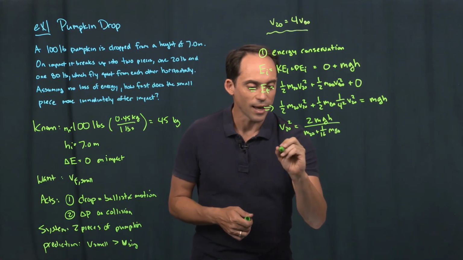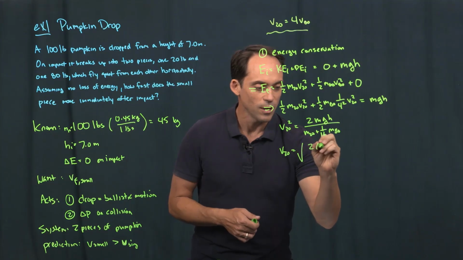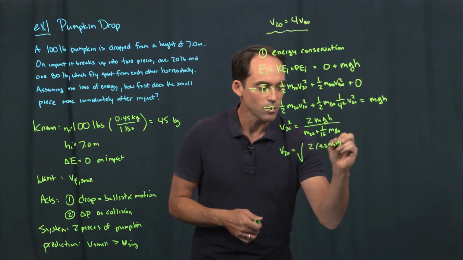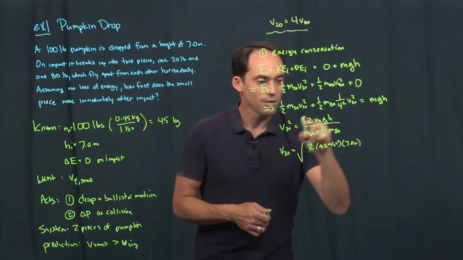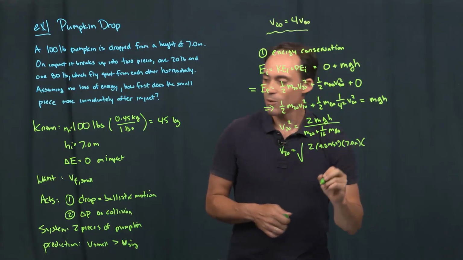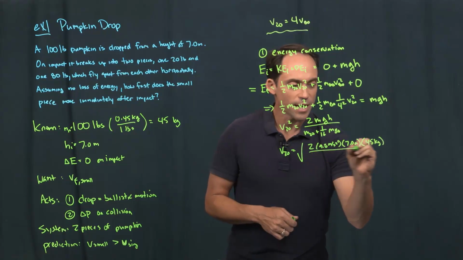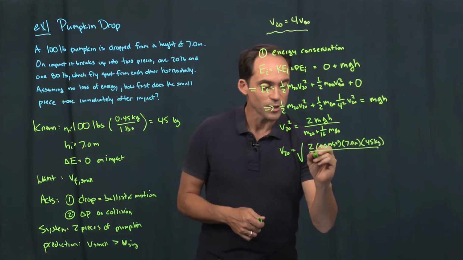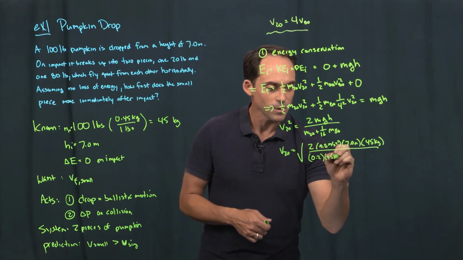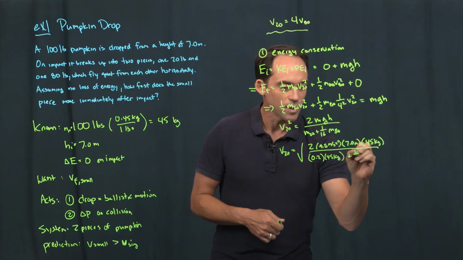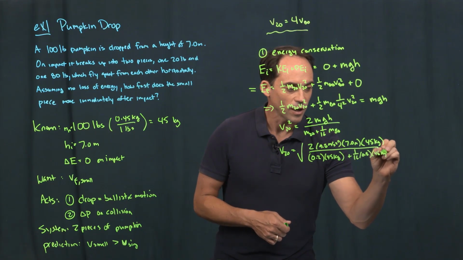And we can go ahead and solve for this by putting in some numbers. Take the square root, so this is going to be 2 times 9.8 meters per second squared times the height, which is 7.0 meters, times the total mass of the pumpkin, which was 45 kilograms, divided by 20 pounds, which is 0.2 times 45 kilograms, plus 1/16 times 0.8 times 45 kilograms.